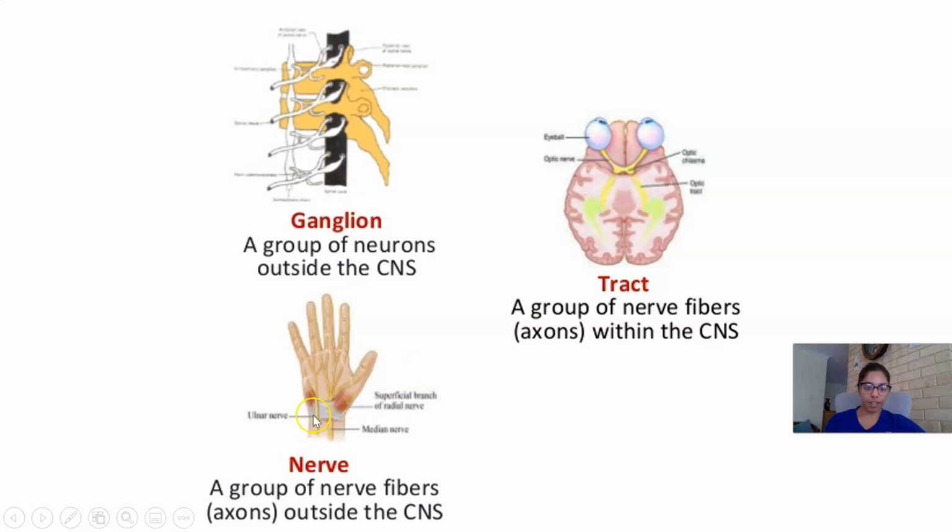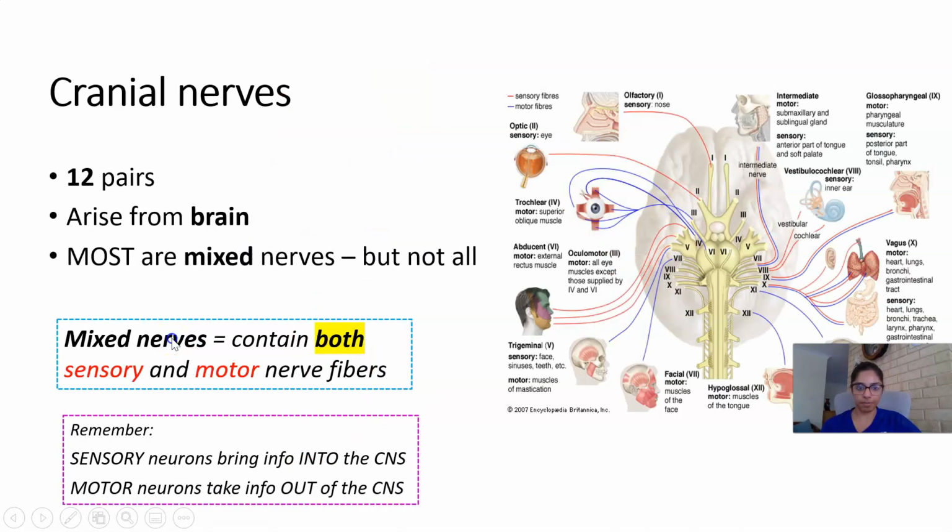We have nerves, so remember a group of nerve fibers outside the central nervous system, and we have a tract, which is a group of nerve fibers inside the central nervous system. So we call them different things to make sure that we are distinguishing between the central nervous system and the peripheral nervous system outside the central nervous system.